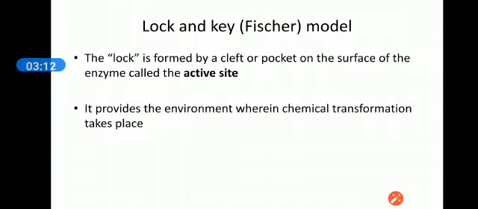In this model, the lock is formed by the cleft, which we explained in our previous lecture, that is the active site basically, a cleft pocket on the surface of the enzyme. This active site provides the environment wherein a chemical transformation takes place.